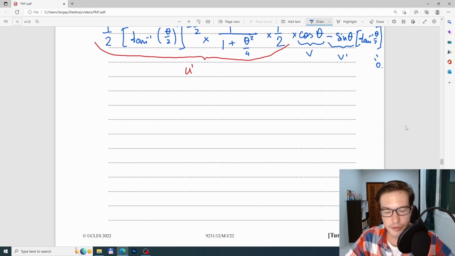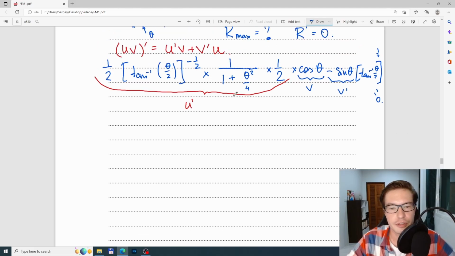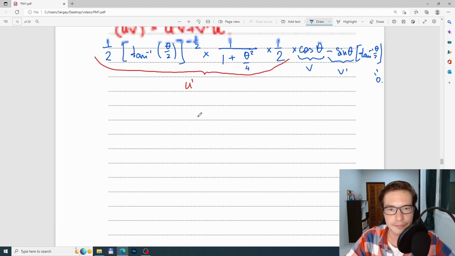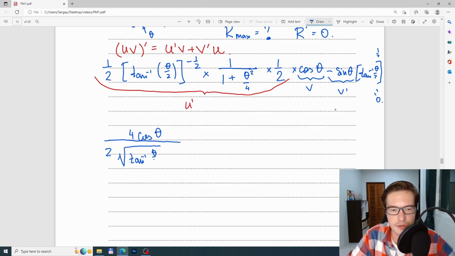Okay, let's try to simplify it a little bit. We're going to start with the fractions where we got u derivative. Let's put them together, and we got 4 cosine on top. At the bottom, we got 2 times the square root of inverse tangent theta over 2, and we also got 4 plus theta squared, and we got another 2.